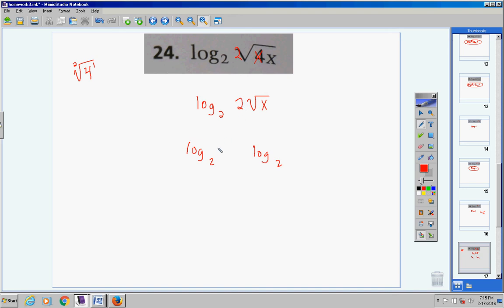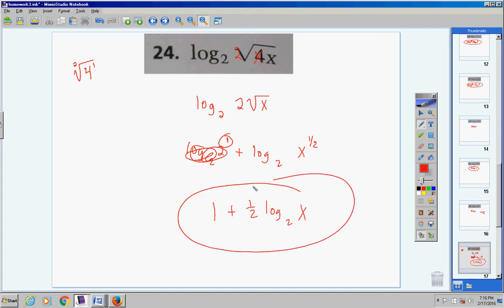Put the 2 here, put the square root of x here, and they're multiplying, so put a plus sign. Now, the square root of x right here is the same thing as x to the 1/2. And then we're back to where we were in the last problem. These 2 numbers match, so your answer is the exponent, so everything's gone except for this number. And over here we put the 1/2 to the left. Logarithm base 2 of x, exact same answer. So any of those ways will work, okay?